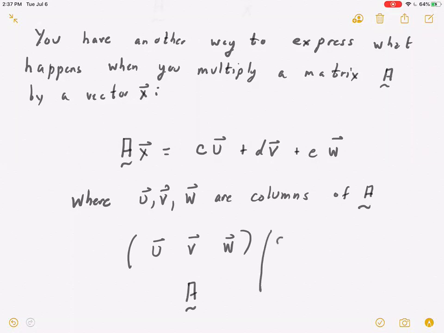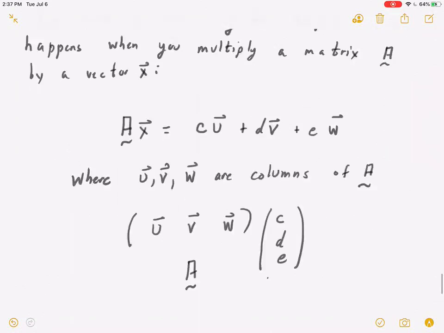And X is simply a matrix of scalars. It's the scalars that you used in the linear combination. So that's shorthand notation for this.